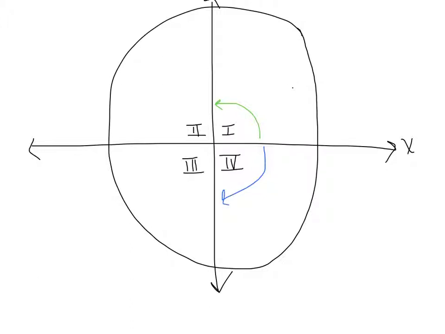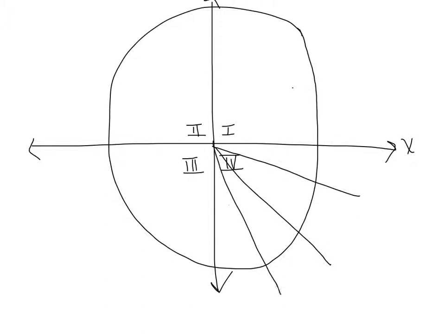So let's say they wanted us to draw negative 30 degrees. So I'm going to go ahead and divide this up. This is how you would divide each quadrant. And so our initial side will start here. And we're only going negative 30. Remember, 1/12 of a revolution, or 1/12 of 360 is 30.